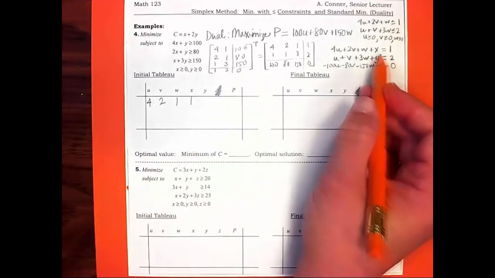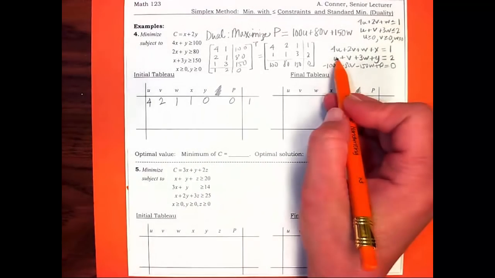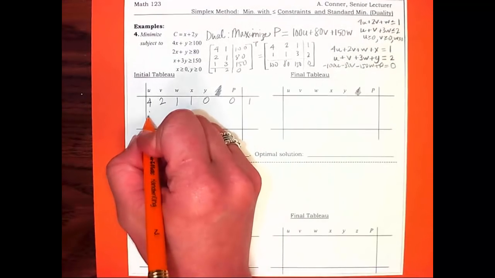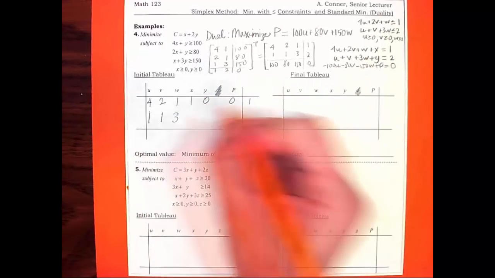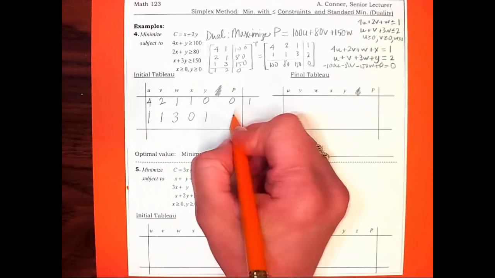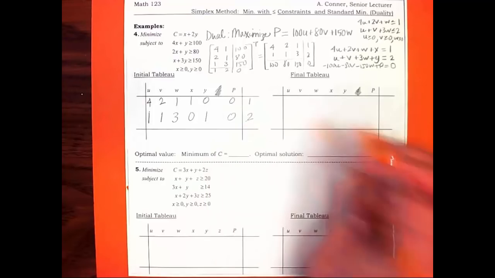We do have a slack variable of X, no Y, no P, and a 1. Reading off here, we have a 1U, we've got a 1V, we've got a 3W, nothing for X, we've got a slack variable of Y, nothing for P, and that's equal to 2.